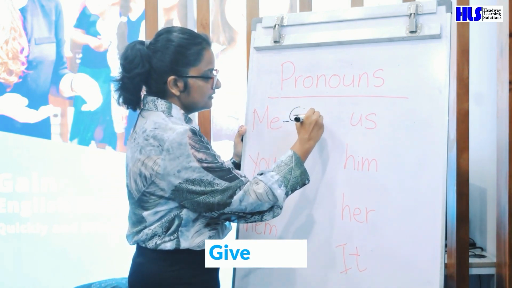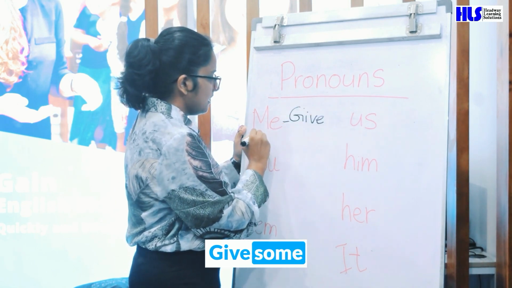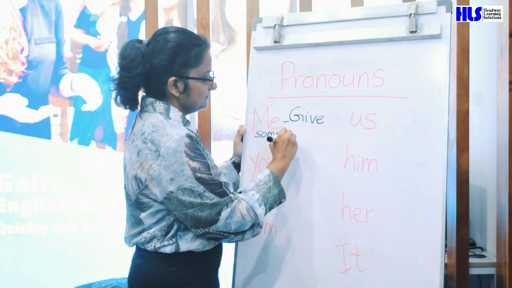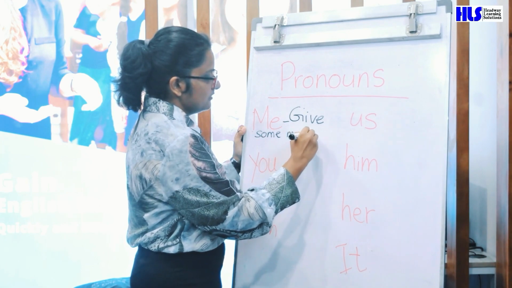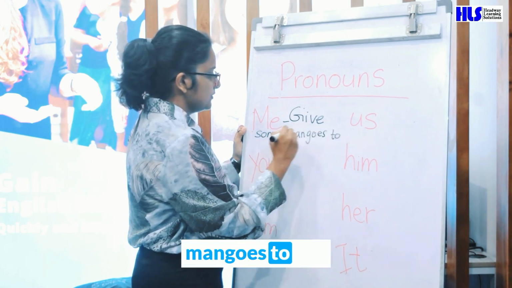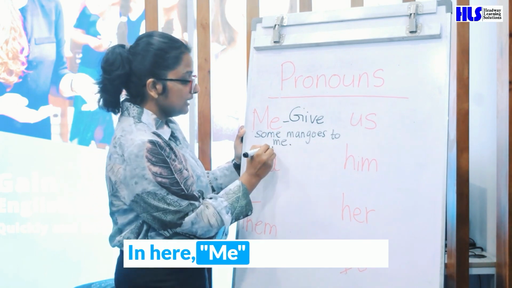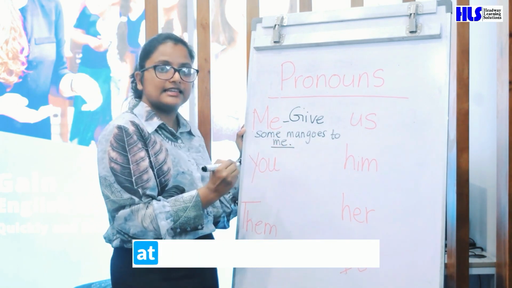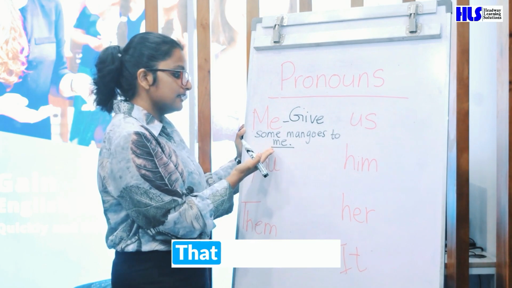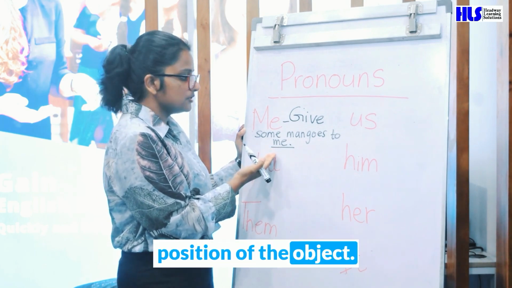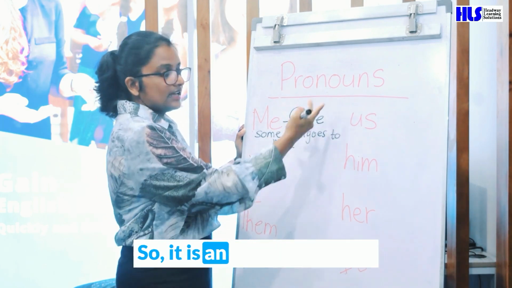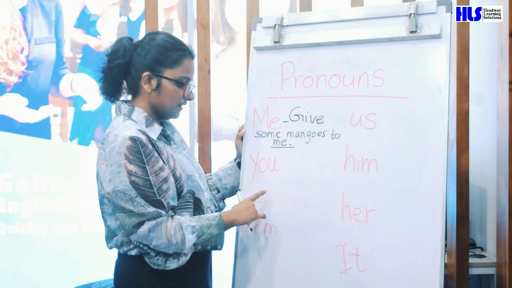Give some mangoes to me. In here, me is located right at the end of the sentence. That means in the position of the object. So, it is an object pronoun.